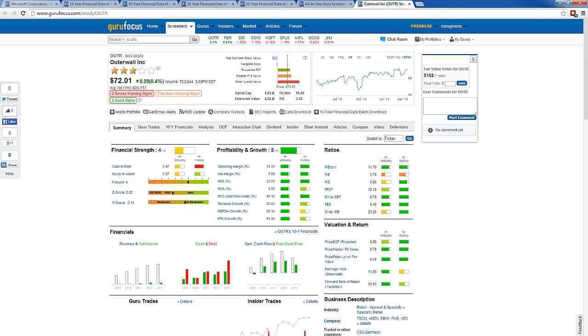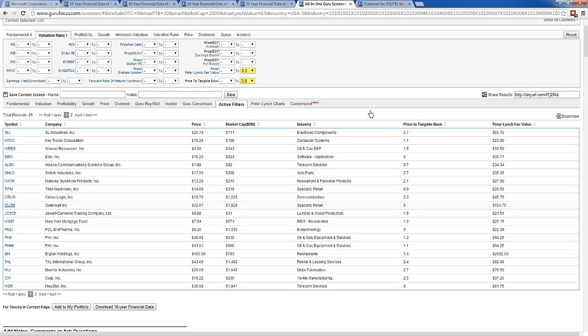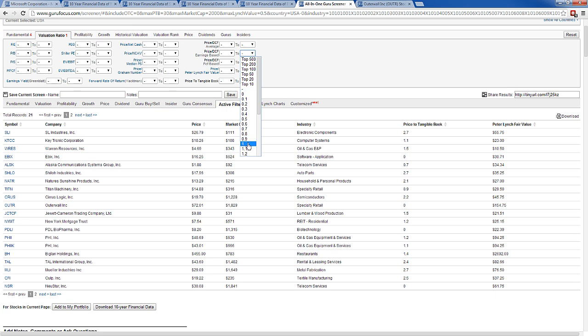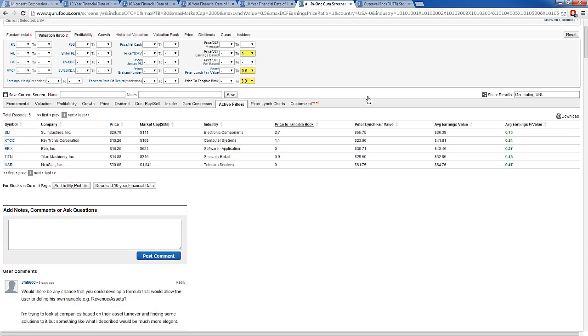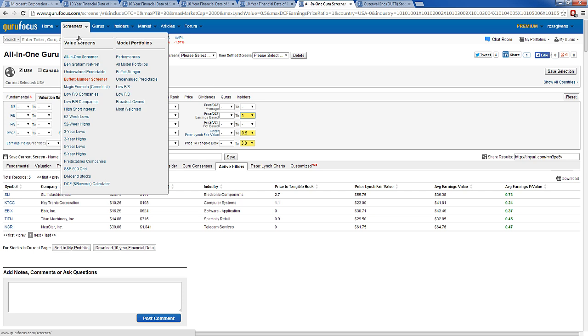Anand, great question. Is it possible to list an order of difference from discount cash flow? Yeah, absolutely. You can order them any way you want. If we made that our criteria, you can filter them by it. It's definitely doable. You just have to click how you want to order them. There are also custom built screens in here that look for stocks trading at a discount to their discounted cash flow.